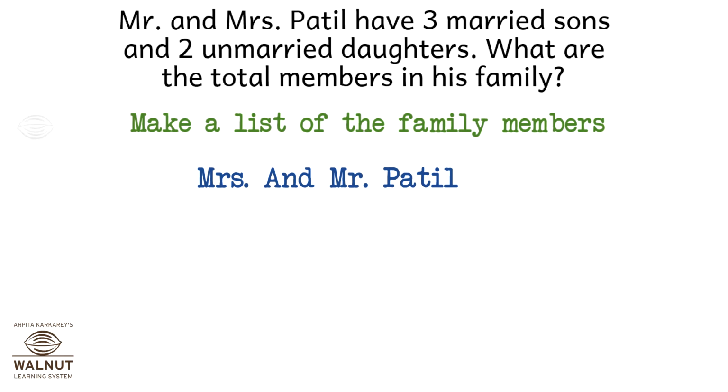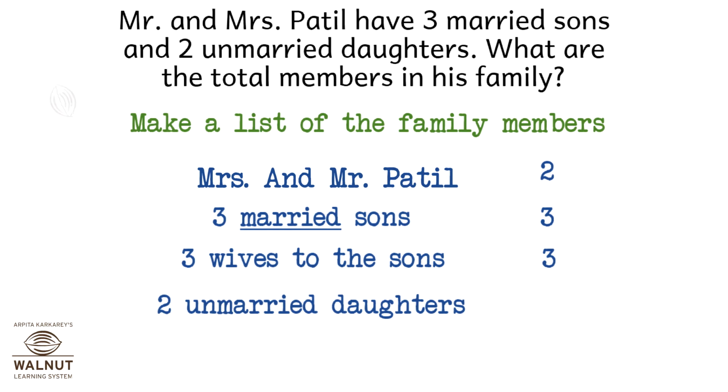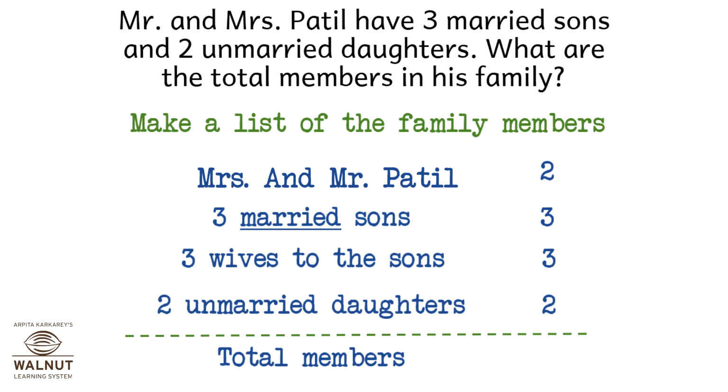Mrs. and Mr. Patil, 2. 3 married sons, so 3, and 3 wives to the sons, 3. Right? 2 unmarried daughters, so that will be 2. And the addition of total members is 2 plus 3 plus 3 plus 2, which is 10.